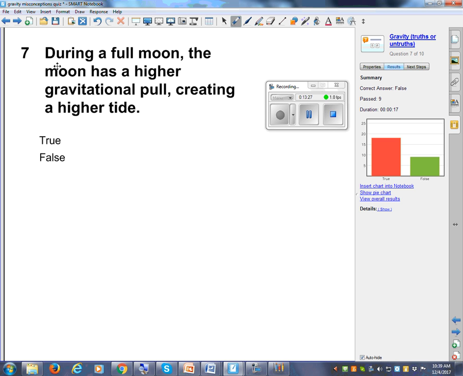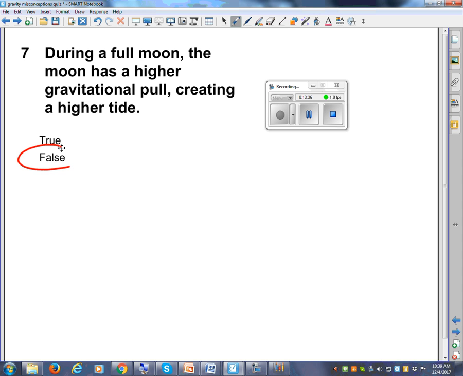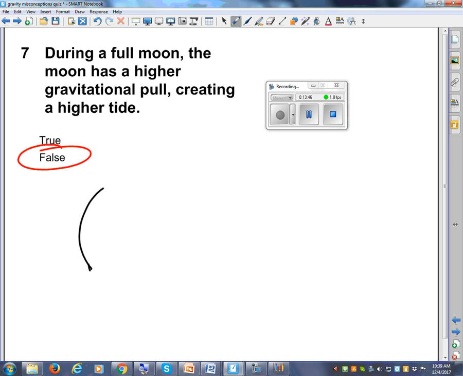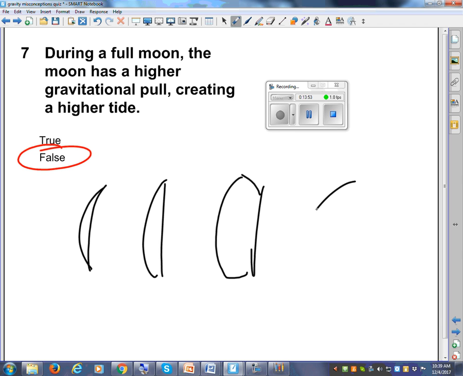During a full moon, the moon has a higher, oh my God, has a higher gravitational pull, creating a higher tide. Okay, let me explain. When we get a full moon, you guys know the difference? Like, there's quarter moon, and then half moon, and then three-quarter moon, and then full moon.